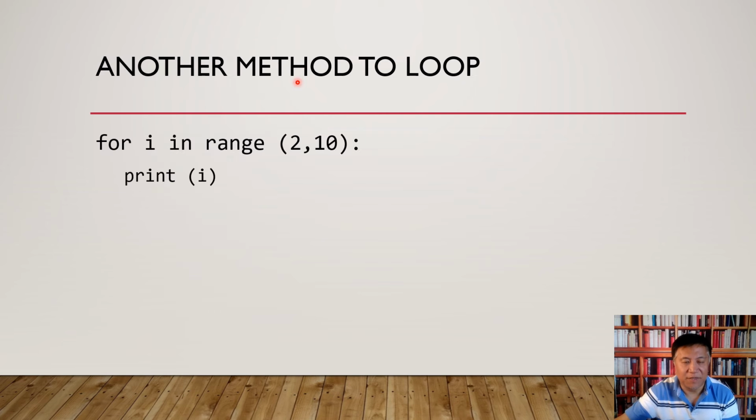Here's yet another method to do looping. For I in range, and the range is in parentheses. In this case, if I is between 2 and 10, we want to print I. Let me show you how this works.